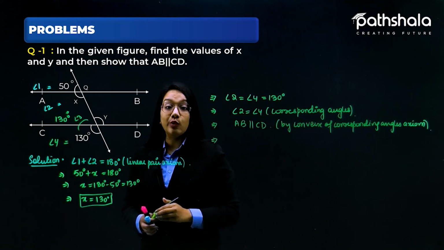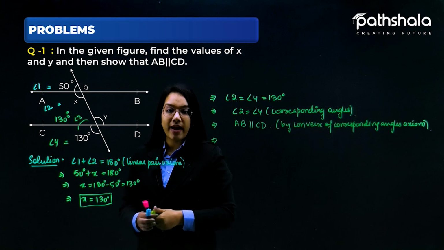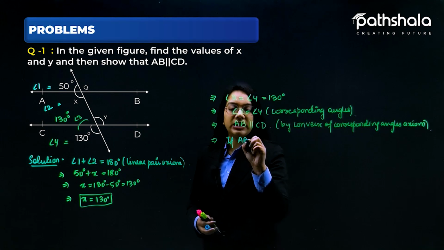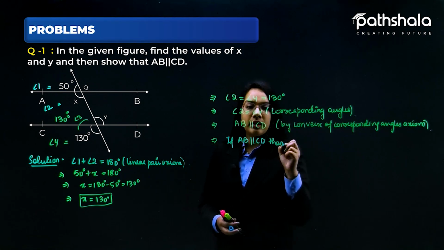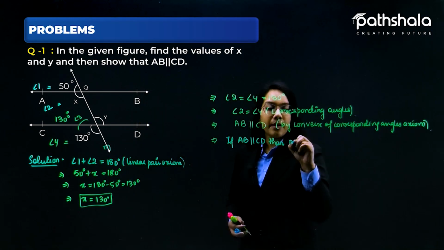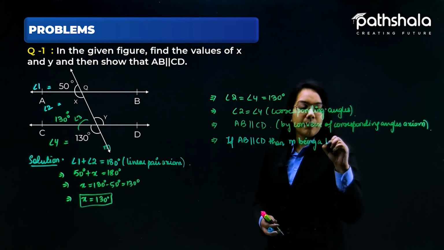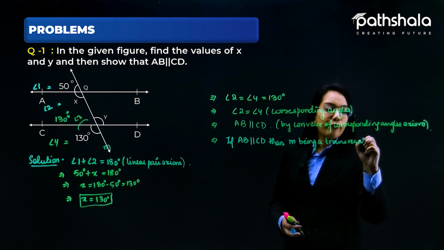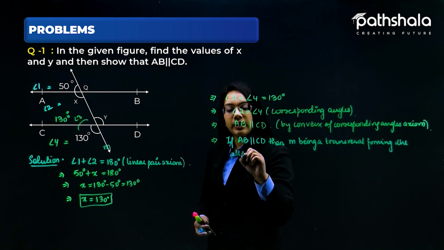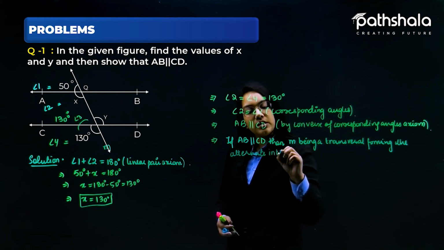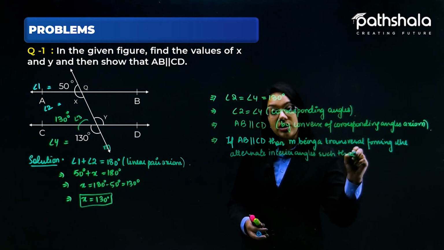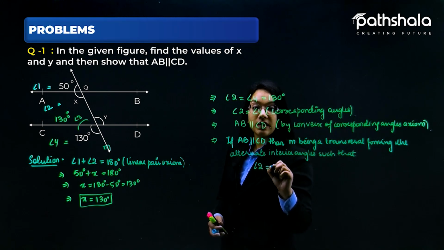Now that they are parallel to each other, we can find the value of y as well, because AB is parallel to CD. Let us call this line M. Then M, being a transversal, forms alternate interior angles, such that angle 2 is equal to y.